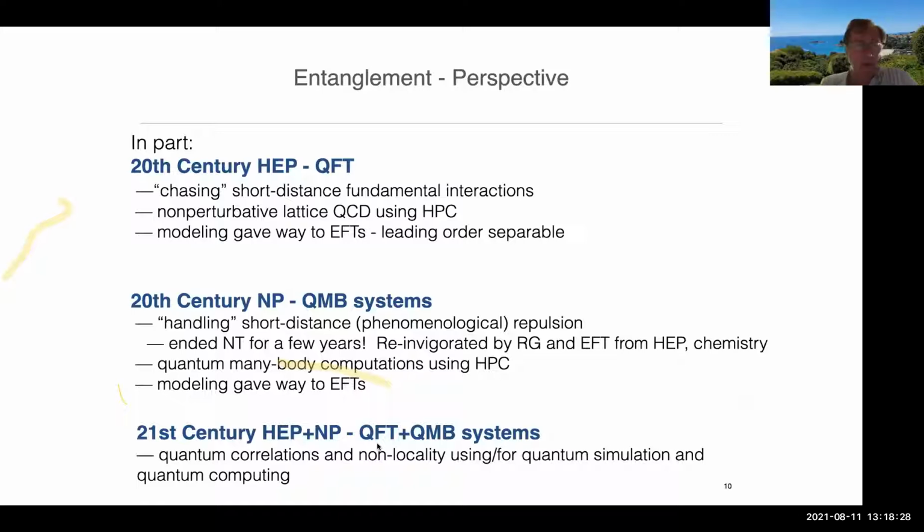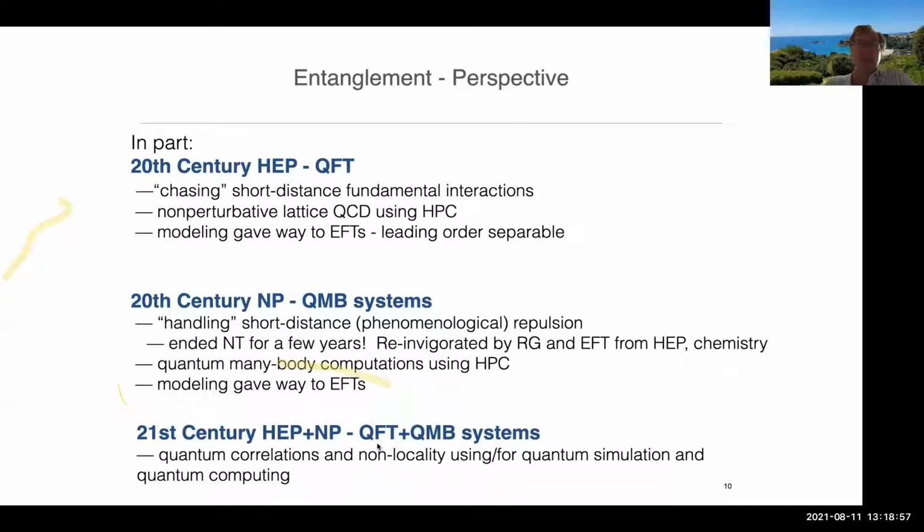Now there was a similar story in nuclear physics in the 20th century, and that was about handling, at least in low energy nuclear physics, the short range strong repulsion in the nucleon interaction. There was a period in time in the 70s where this looked an insurmountable problem, but this endeavor was reinvigorated by bringing in new technologies, new techniques from, in this case, particle physics and from chemistry, the renormalization group and effective field theory.